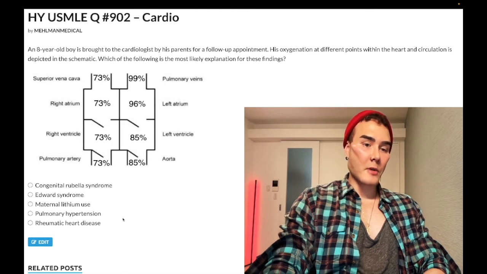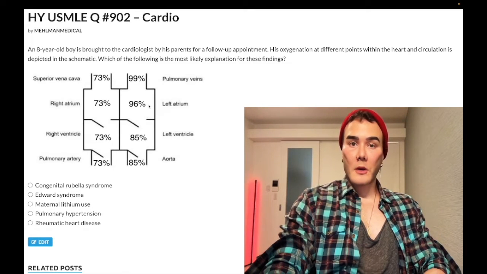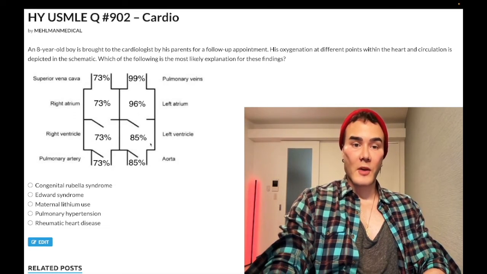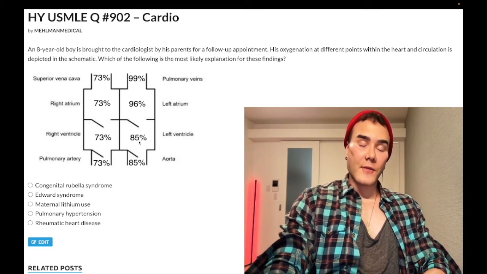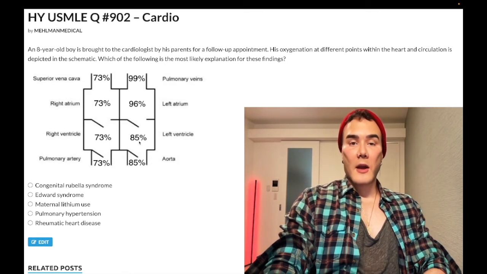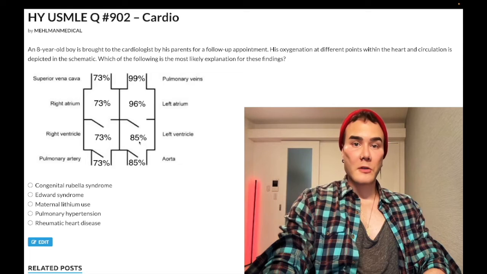Choice D, pulmonary hypertension, correct answer. Now, what's going on here? Well, we notice that we have a step down in oxygenation between the left atrium and the left ventricle, which is impossible unless we have a right to left shunt across a VSD here, i.e. Eisenmenger syndrome. Now, VSDs are not cyanotic at birth. At birth, they are left to right, high pressure to low pressure, where over time, that increased volume moving from the left ventricle to the right ventricle has to pass through the pulmonary circulation.